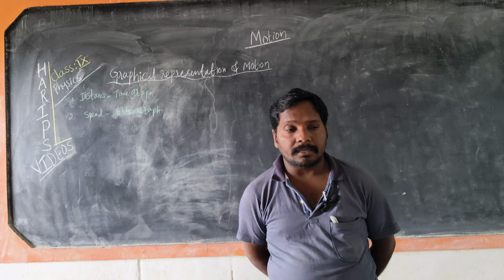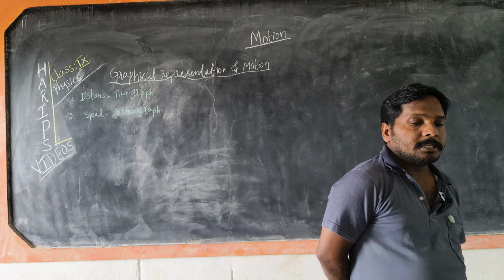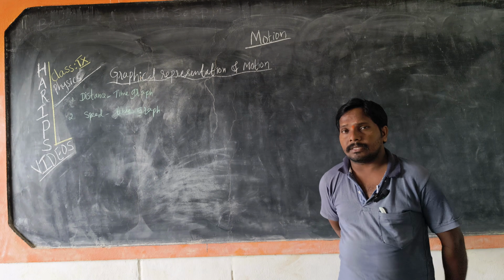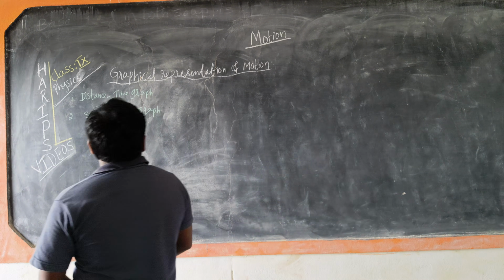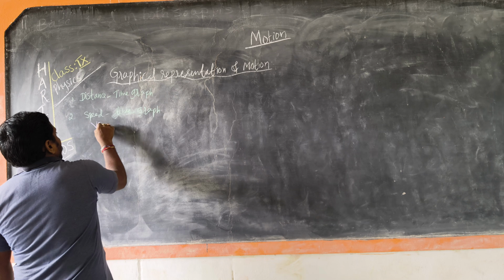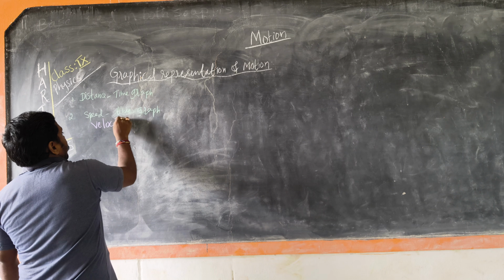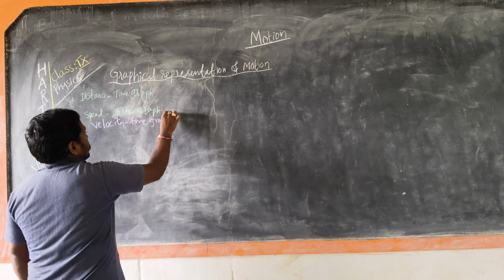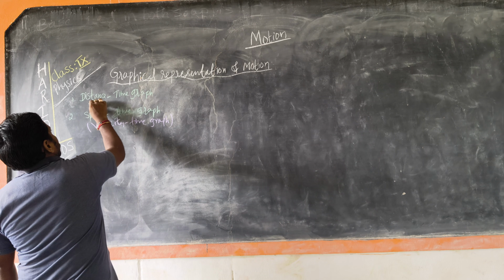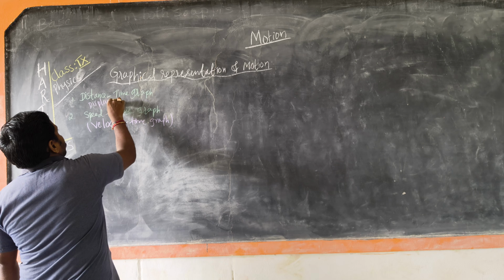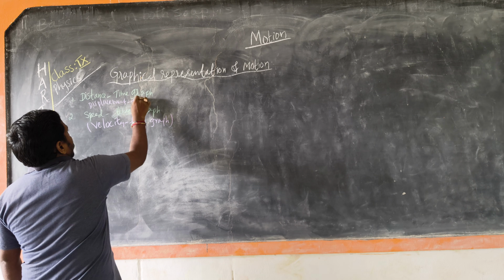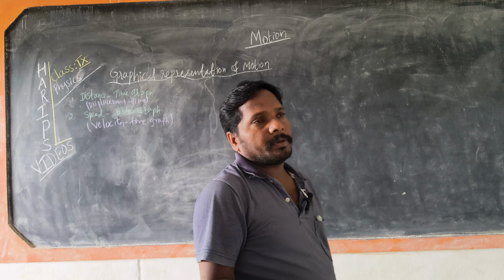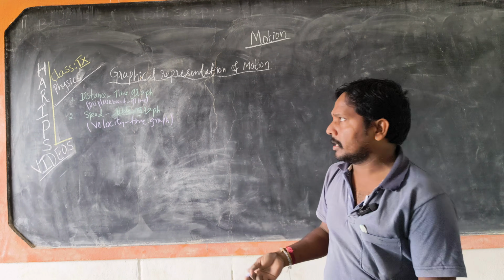One is the distance time graph and the other is the speed time graph. Sometimes we consider velocity time. The distance time graph is also known as the displacement time graph, and the speed time graph as the velocity time graph.